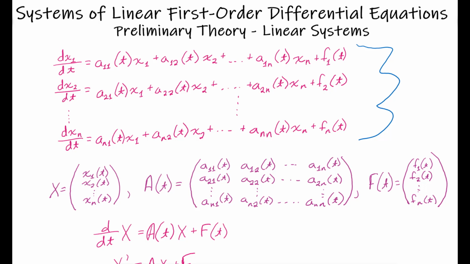Now notice all of these things could have an of t. They're all dependent on t. So t is that independent variable for us. So if we want to rewrite our system of differential equations, what it really is the derivative of capital X, and that equals that A of t matrix multiplied times my X vector.